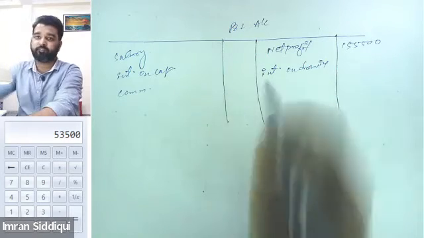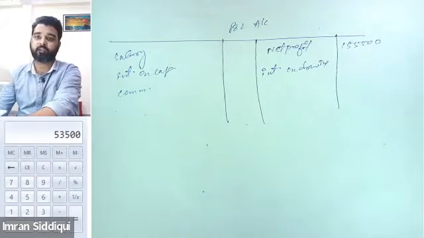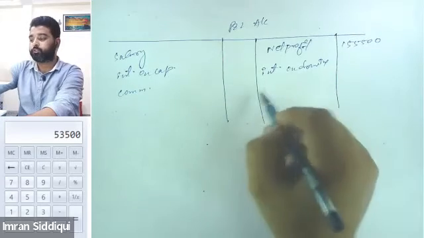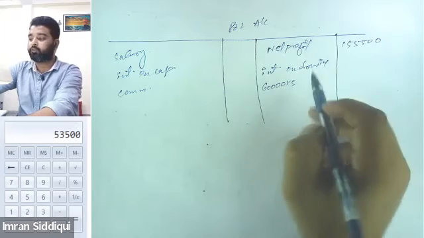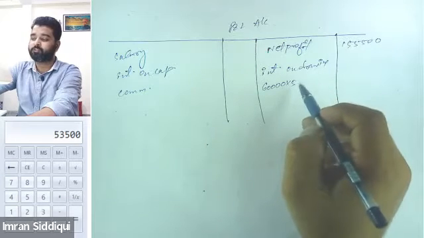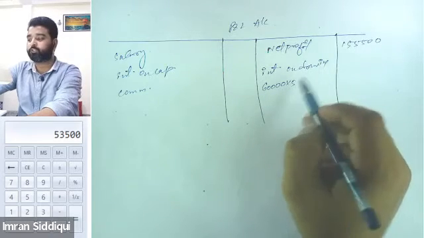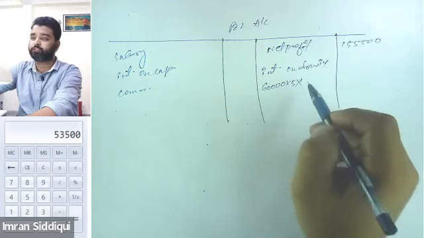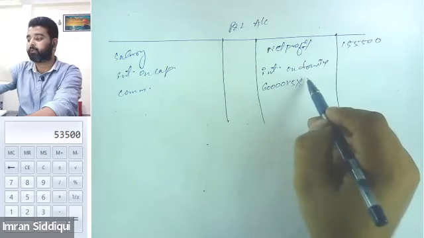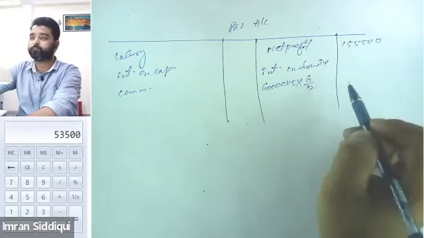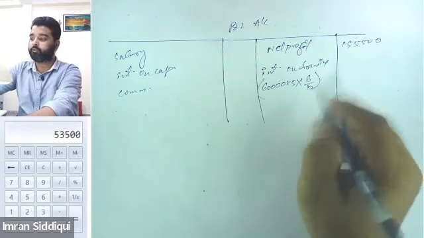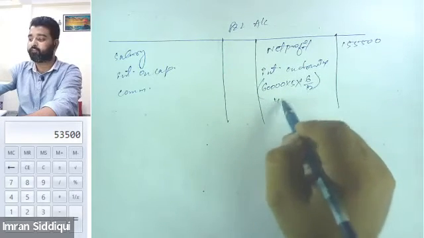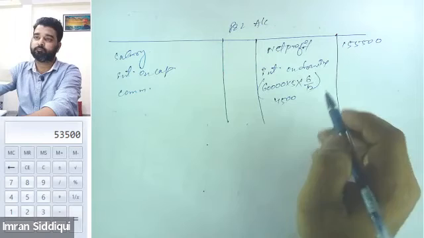Every partner has withdrawn a fund of 60,000, and the rate of interest is 5%. Now for how many months are we going to charge interest on the drawing? Since the date of drawing is not given, we will simply multiply by 6 by 12, charging it for the half year only. So it will be 4,500, right everyone?